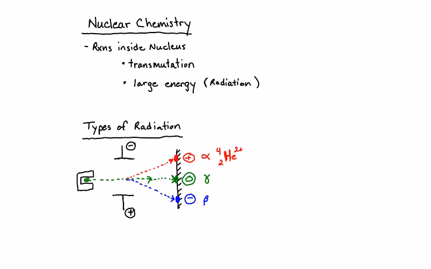The gamma radiation, it turns out, is just high energy light, so high energy that it will cause severe tissue damage if you got exposed to it. And then the beta radiation is actually high energy electrons.